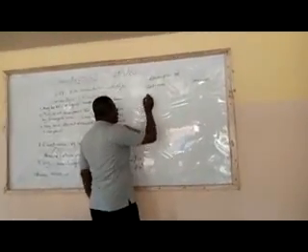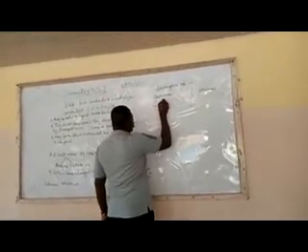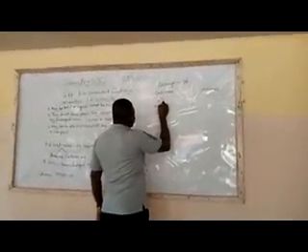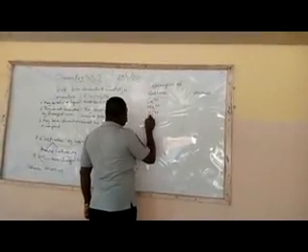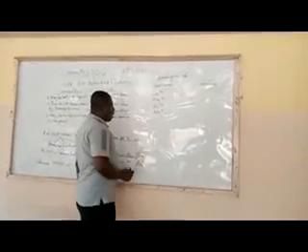Under cations we have calcium ion, magnesium ion, aluminium ion, sodium ion. I'm not arranging it in order.